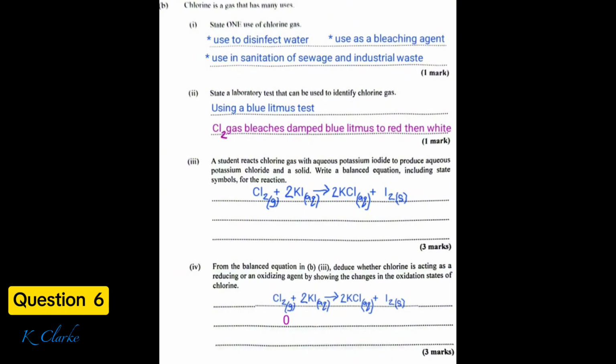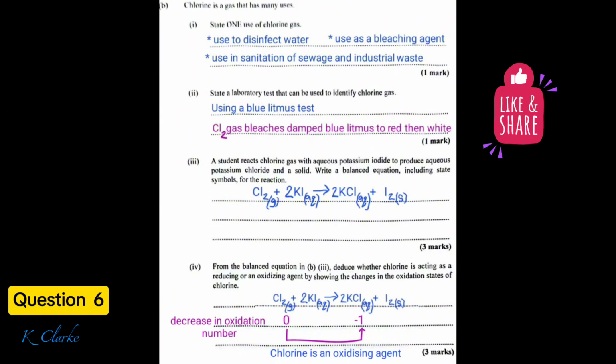On the product side, chlorine, being a halogen in its compound, has the oxidation number of -1. The oxidation number of chlorine changes from 0 to -1. Therefore, there is a decrease in the oxidation number. Since there is a decrease in oxidation number, chlorine is an oxidizing agent. This is the end of question 6.